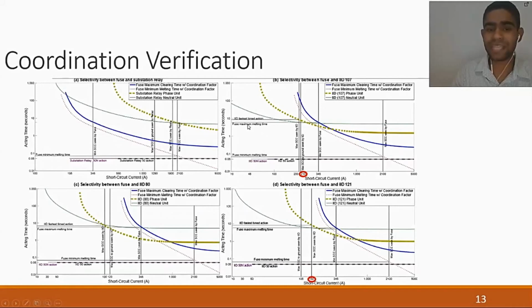When we consider the maximum melting time, that is, the maximum time for the minimum short circuit current in the fuse, we have the IID's timed action slower than the fuse, and we can observe the same for the substation relay. And we can extend that for both phase and neutral units, which guarantees the coordination as proposed.